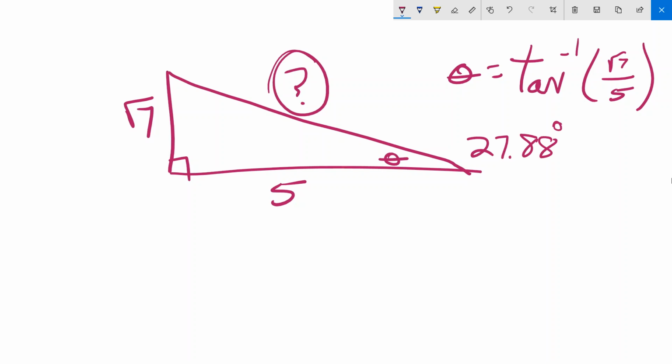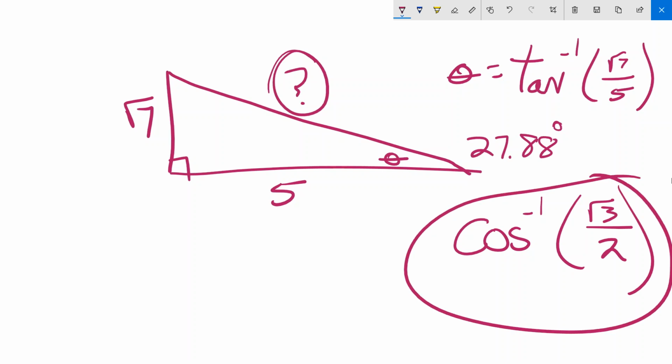Tell me what the inverse cosine of root 3 over 2 is. Do that in your calculator. Let's just make sure you're doing it right. Aha, that is the cosine of 30 degrees, right?